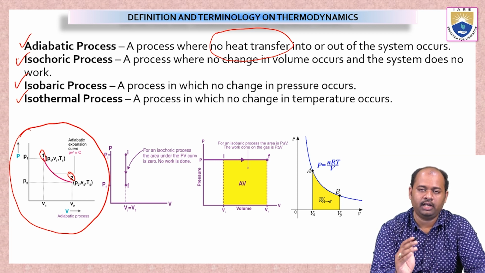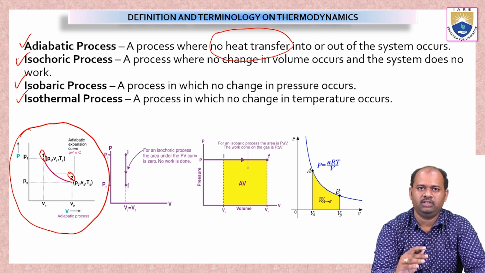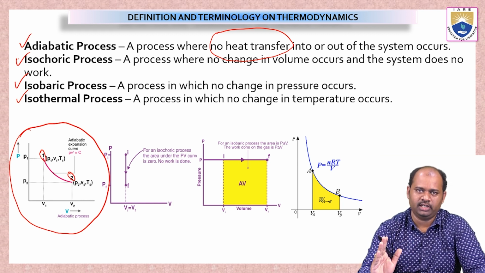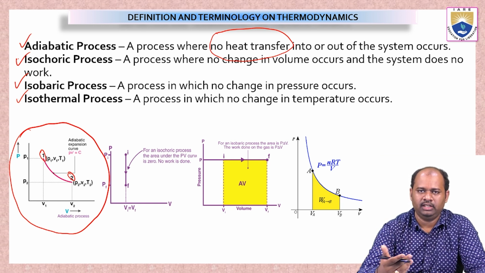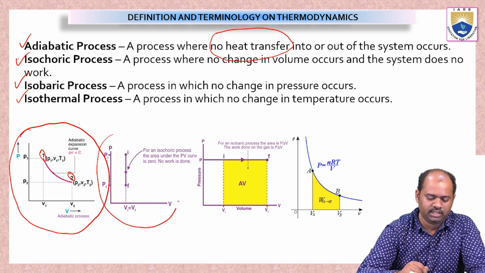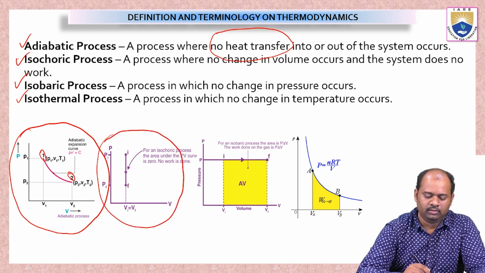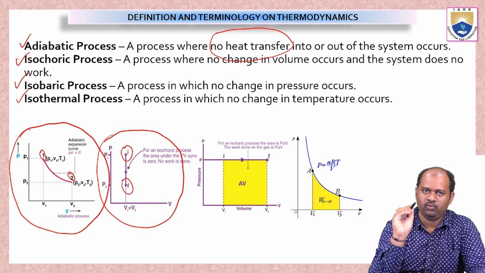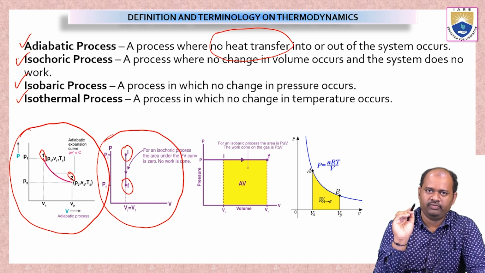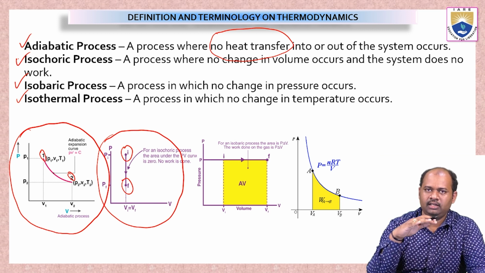The second one is the isochoric process, a process where no change in volume occurs. Isochoric means there is no change of volume while the system is undergoing a process. In the second PV diagram, we can see the initial point is this one and the final point is this. So it is undergoing a constant volume process, and because of this there is no area under the curve.